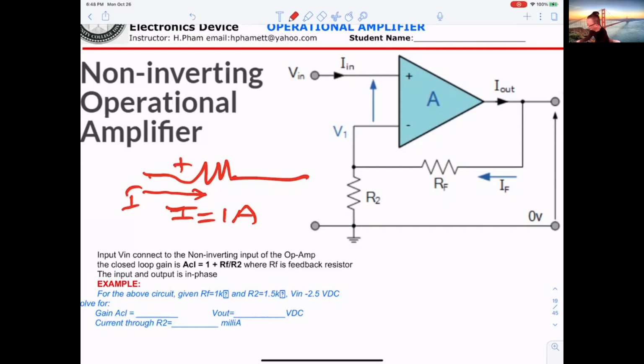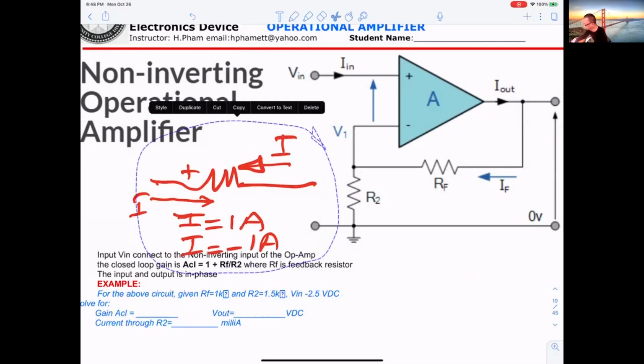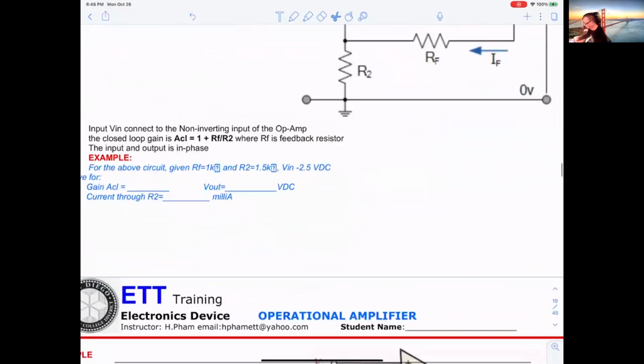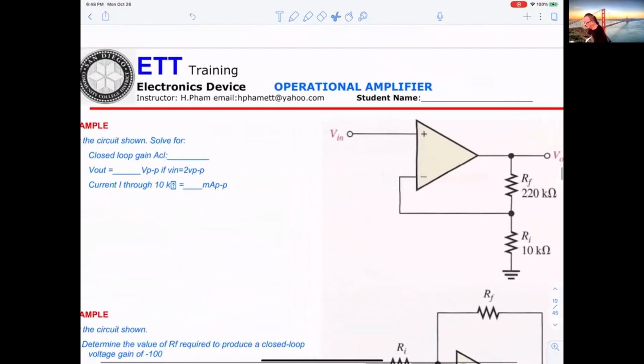However, if you calculate it, you see you get the current equal to minus 1 amp. The current cannot be negative, so in this case they are just telling you the current goes the other way. Remember, current has no negative value. Okay, then this one, then we go.